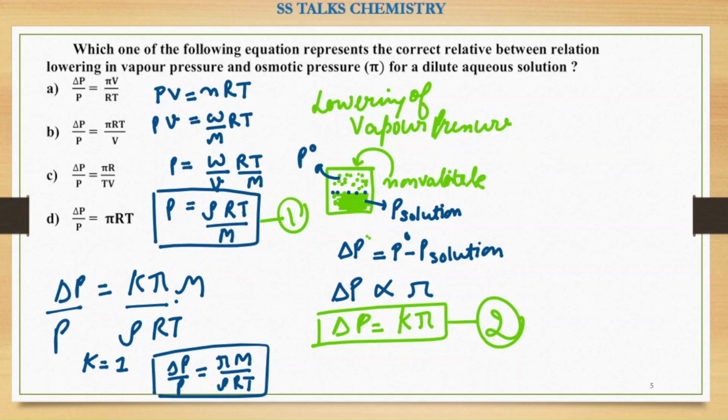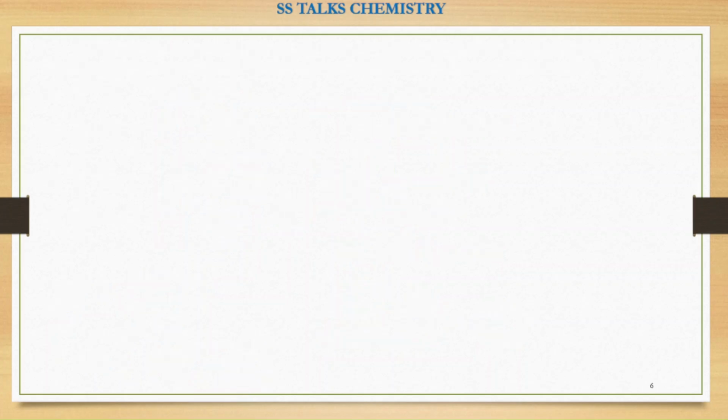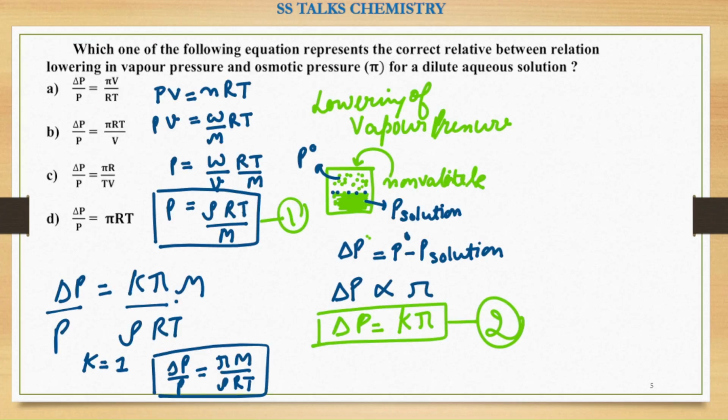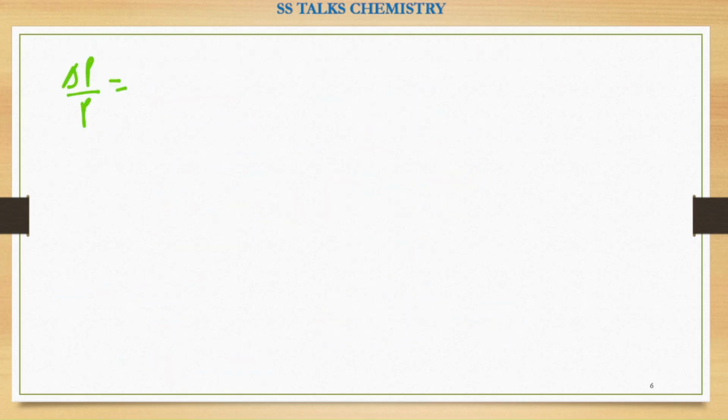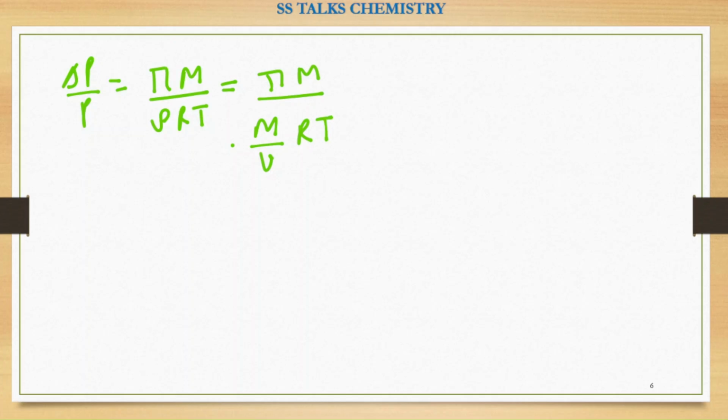Now next, we can write that delta P by P is pi M upon rho RT, right? Pi into M upon rho RT. This rho you can write as mass upon volume, because this is your density. So it is mass upon volume into RT. This mass and this mass will get cancelled out.